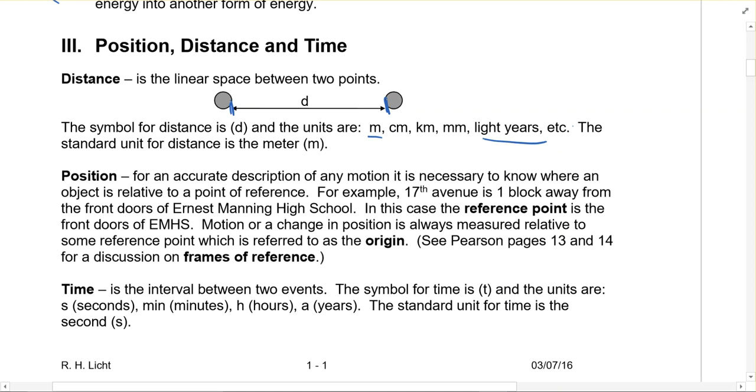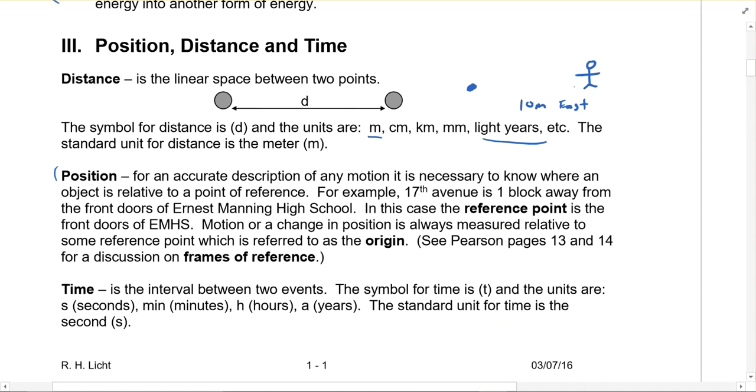This sometimes gets confused with position. The difference between distance and position is that if I say my position is over here, I have to say it in reference to something. So my position is in reference to this thing over here. I'd say my position is 10 meters east, because I'm on that side.